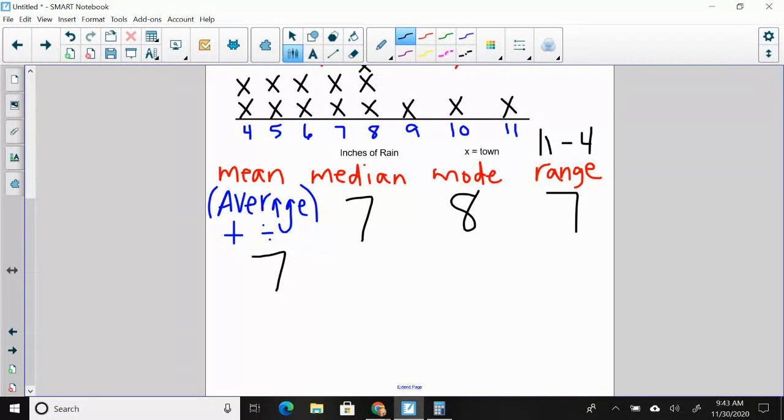If we all went trick-or-treating and got different amounts of candy, and we put it all in a giant pile and divided it amongst all of us, we would all get the same amount, or a fair share of candy. That's basically figuring out the average number of candy that we collected. So average or mean can also be called fair share. If you ever hear that, they are talking about the average or the mean.